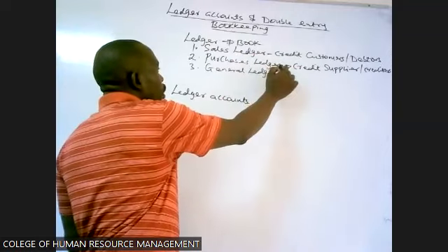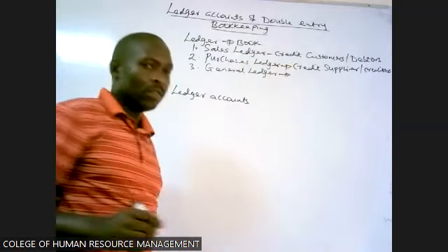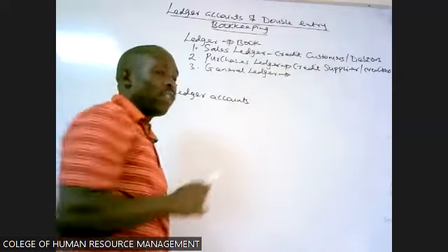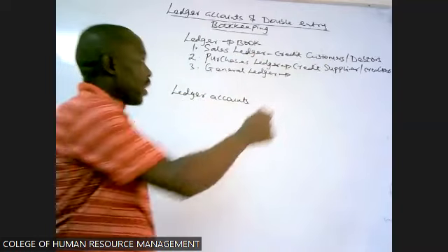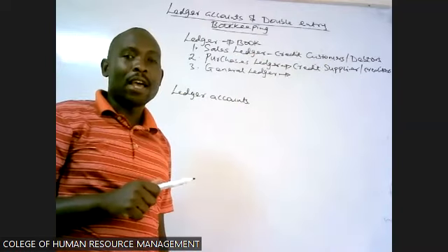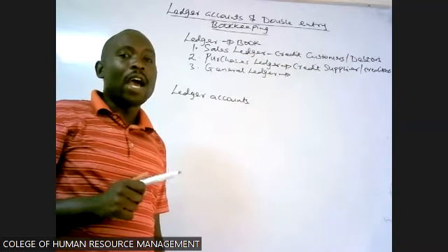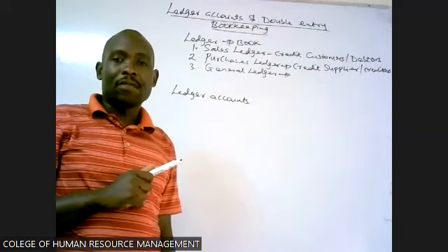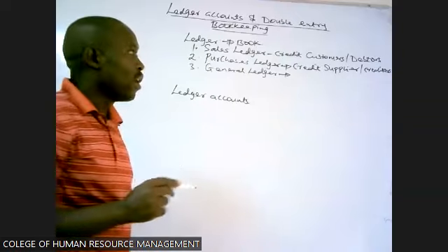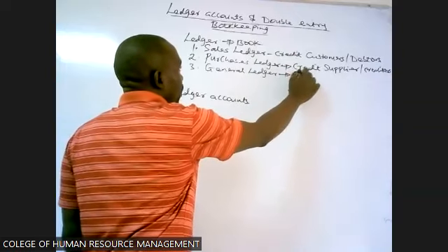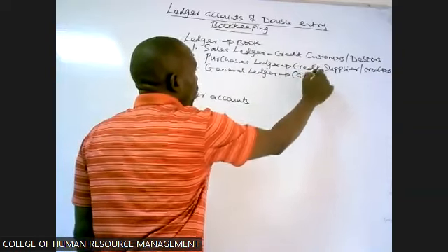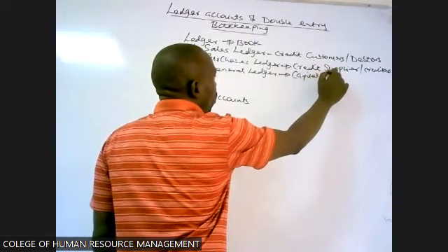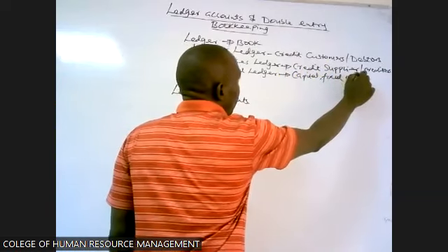Then all the other accounts which are not related to debtors or credit customers, or creditors who are the credit suppliers, all the others are normally maintained in a ledger book known as the general ledger. The general ledger. Here, we record items like the capital, we record items like the non-current or what we call the fixed assets.